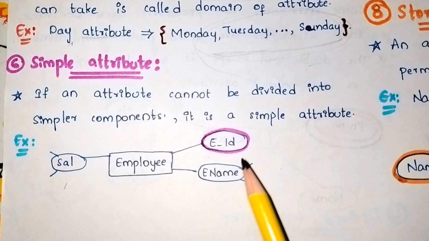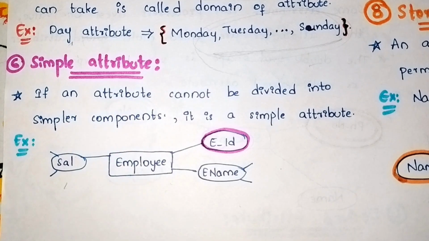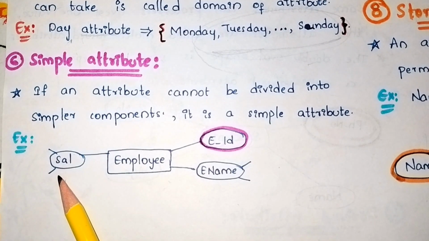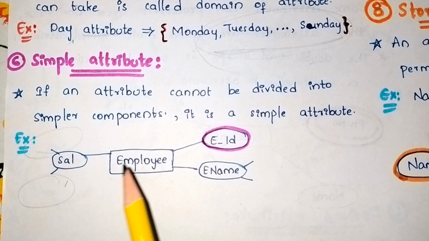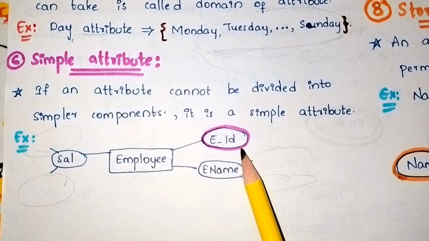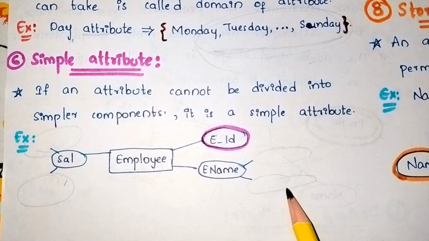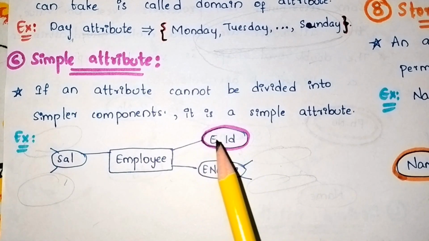No, so we can't divide this employee ID into further types, so it is termed as a simple attribute. But in the case of salary, we can divide it into hourly based or daily wage salary, and name we can divide into first name, last name, but we can't divide the employee ID in this format. So as this is unique, it is termed as a simple attribute.